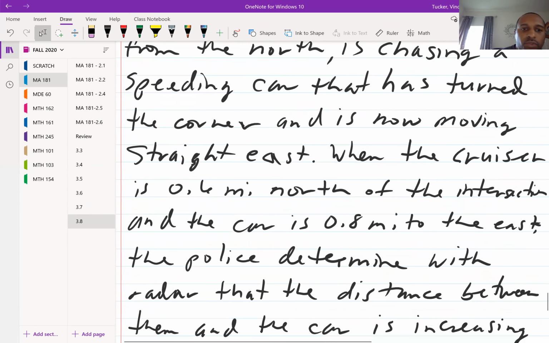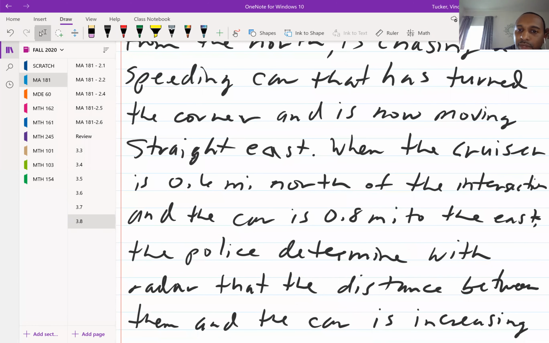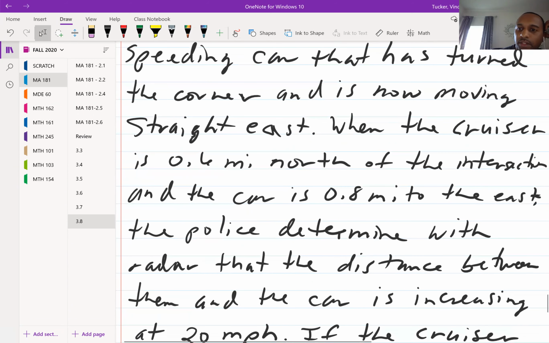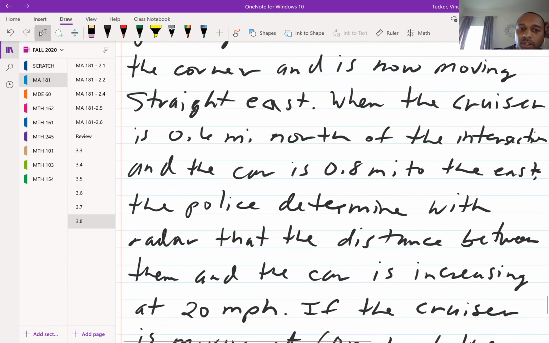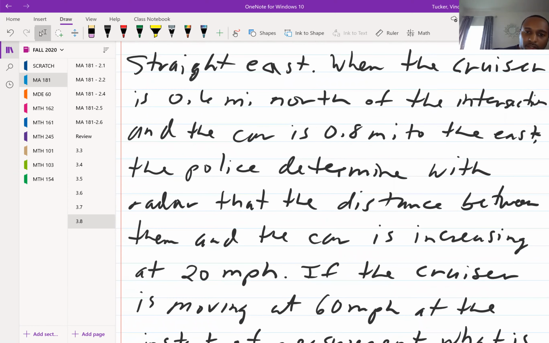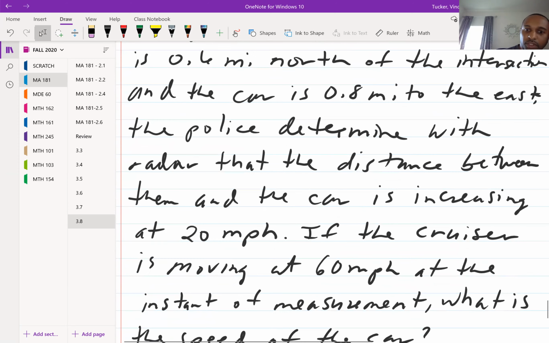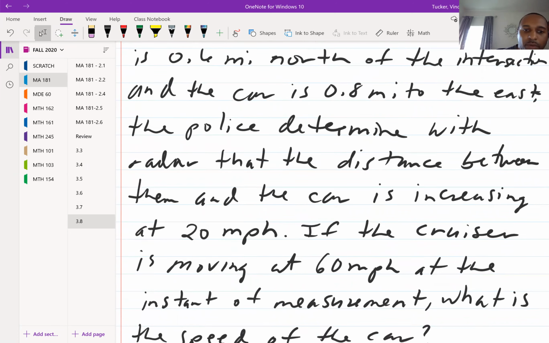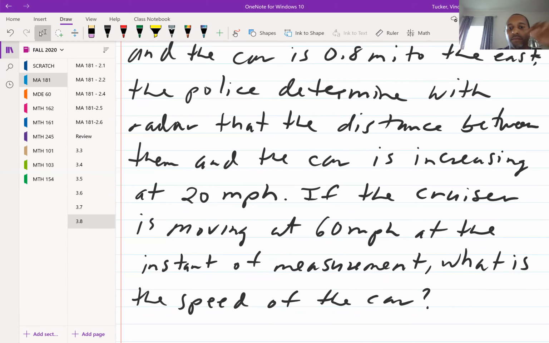When the cruiser is 0.6 miles north of the intersection and the car is 0.8 miles to the east, the police determine with radar that the distance between them and the car is increasing at 20 miles per hour. If the cruiser is moving at 60 miles per hour at that instant of measurement, what is the speed of the car?